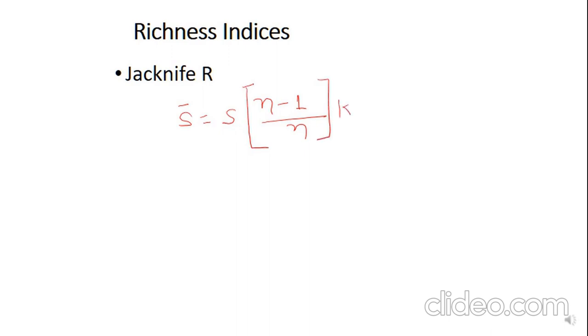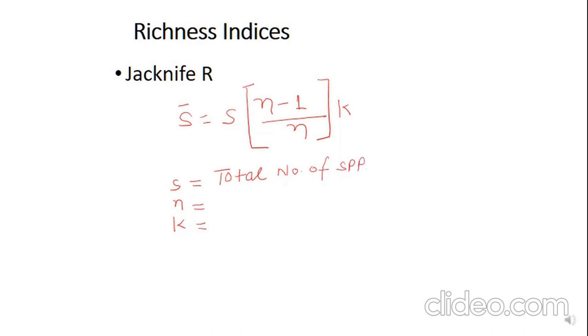So we have here S, n and k. S represents the total number of species.